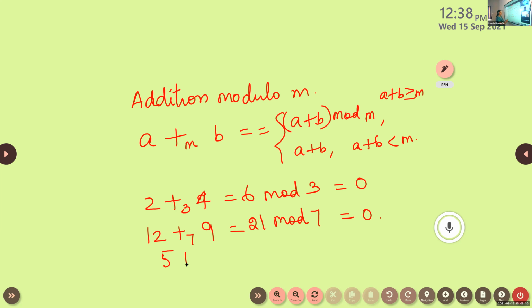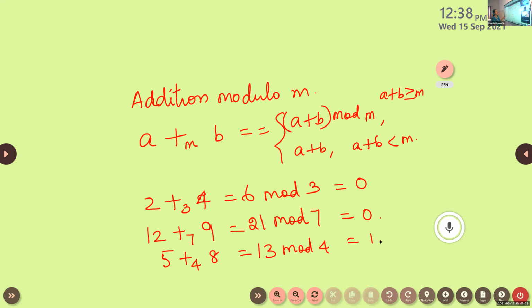What is 5 plus_4 8? What is 5 plus 8? 5 plus 8 is 13 mod 4. What is the answer? It will be 1. This one we call addition modulo.